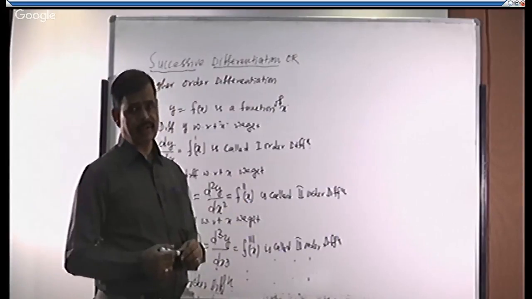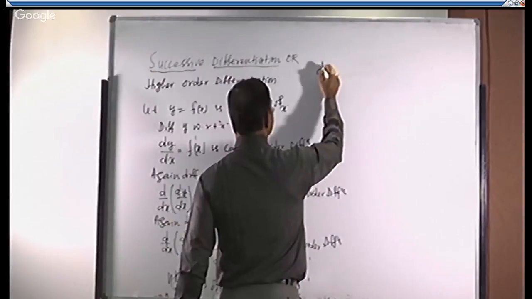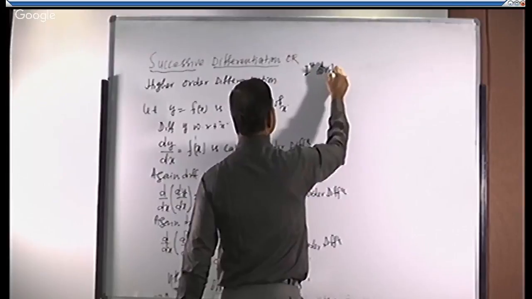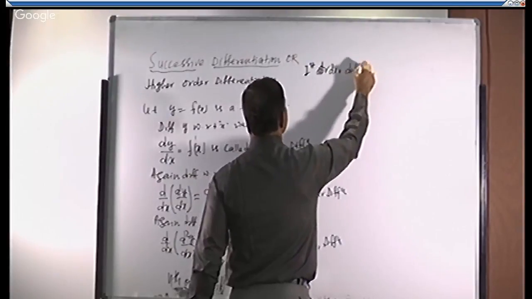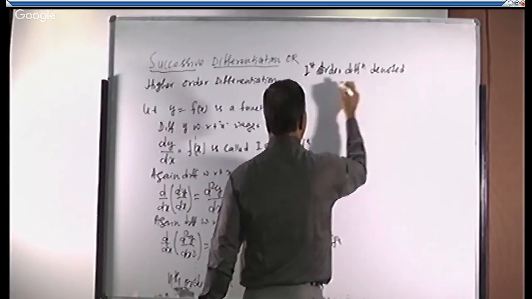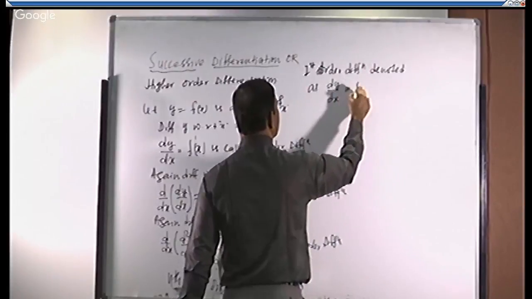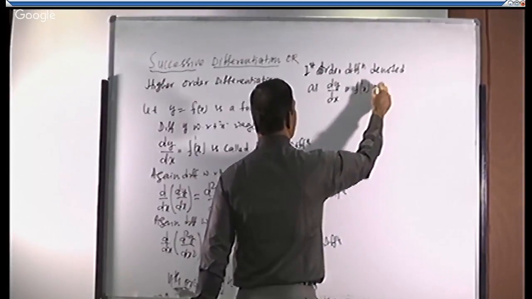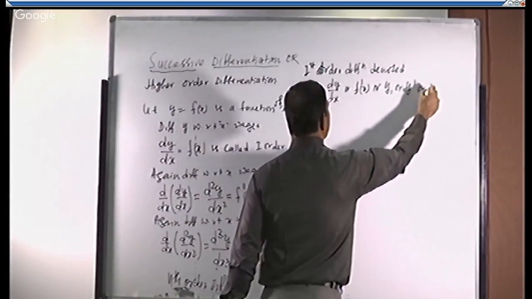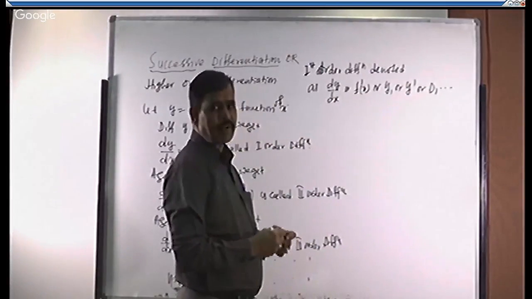Okay, the first order differentiation is denoted as dy by dx or f dash x or y1 or y dash, like that, or D1 etc. So this is the indication of first order derivative.